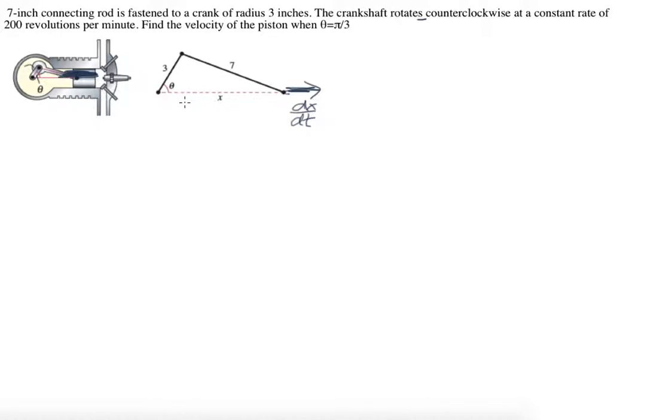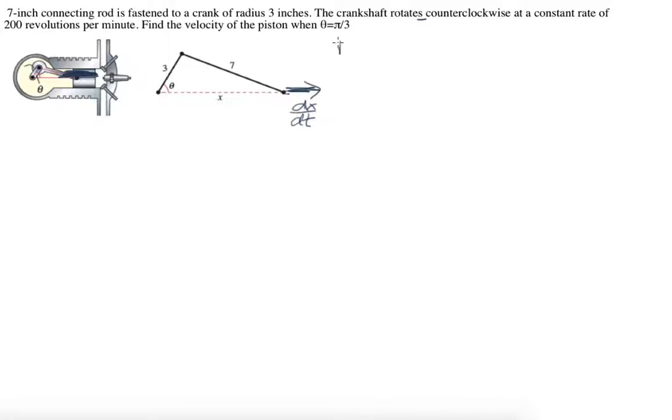Okay, and so we need to somehow look at this and relate it so that we can get dx/dt. And so we have a triangle here. We know the revolutions per minute, and we can convert the revolutions per minute to radians per minute by multiplying by 2 pi.